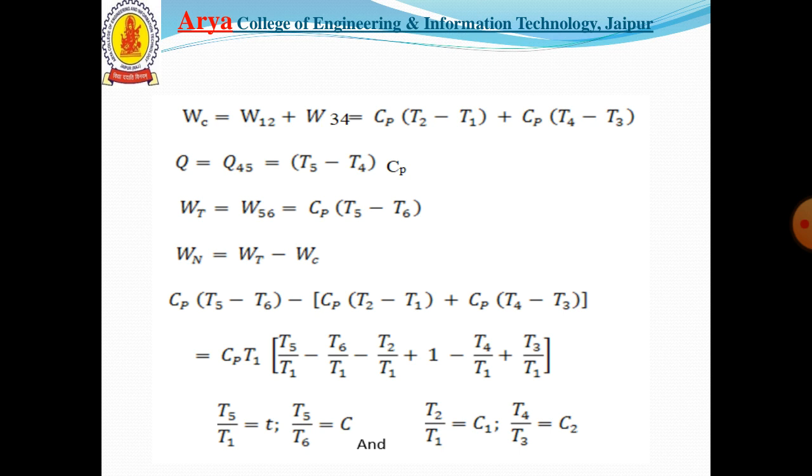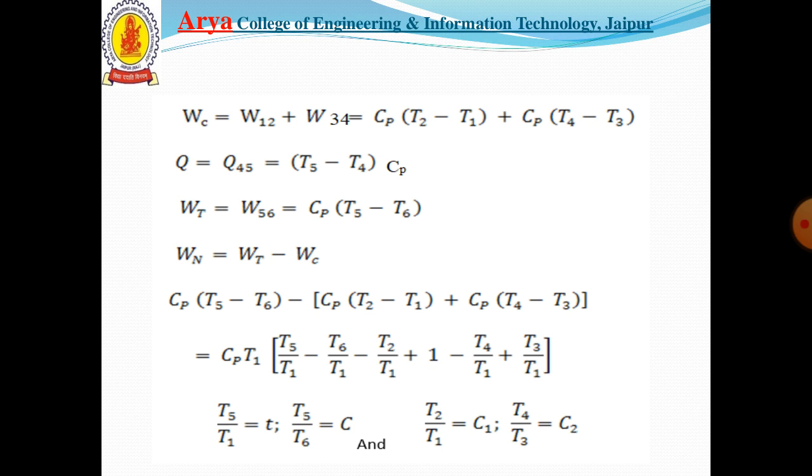Now the turbine work, the isentropic work, is equal to the work done in 5 to 6, that is Cp (T5 minus T6). Now net work done. Net work done is the actual work output obtained from the cycle, that is the difference of the turbine work and compressor work, that is Wn equals W turbine minus W compressor, equal to Cp (T5 minus T6) minus [Cp (T2 minus T1) plus Cp (T4 minus T3)].